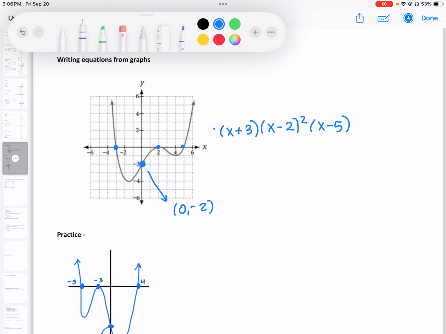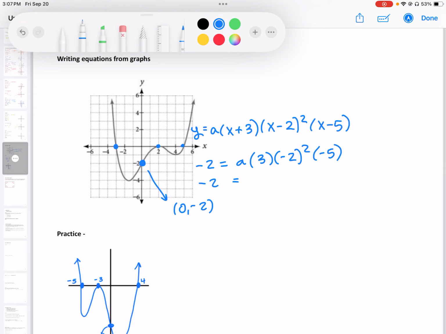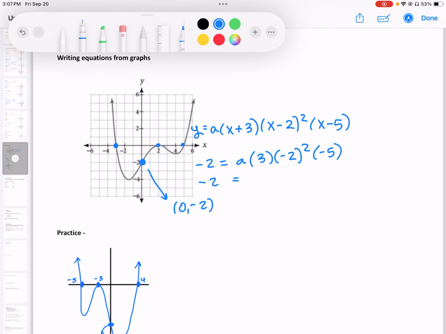So I need to confirm that this function that I've written matches. So we have -2 equals a times 3 times -2 squared times -5. -2 equals 3 times 4 is 12 times 5 is -60a. And a is going to be 1 over 30.